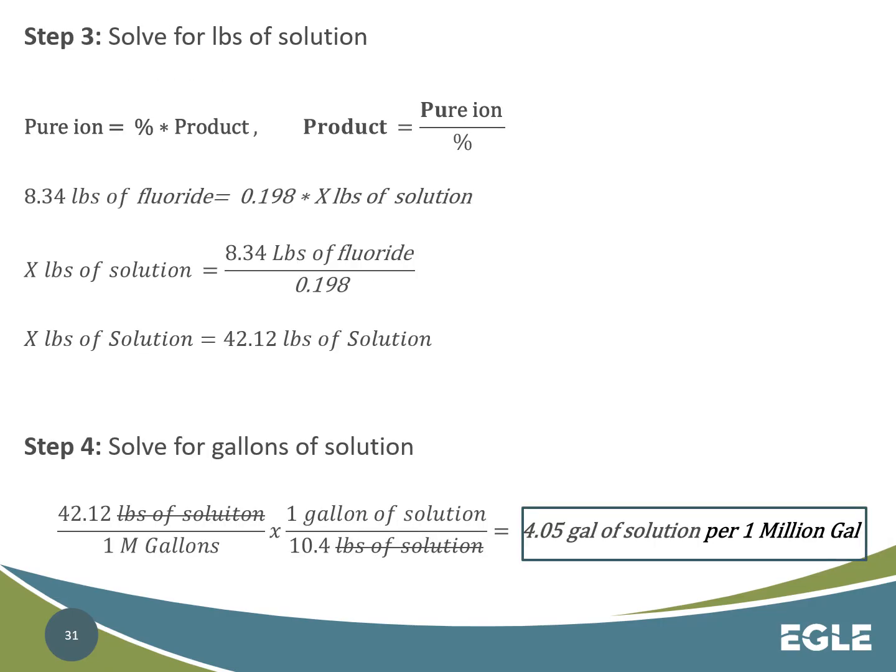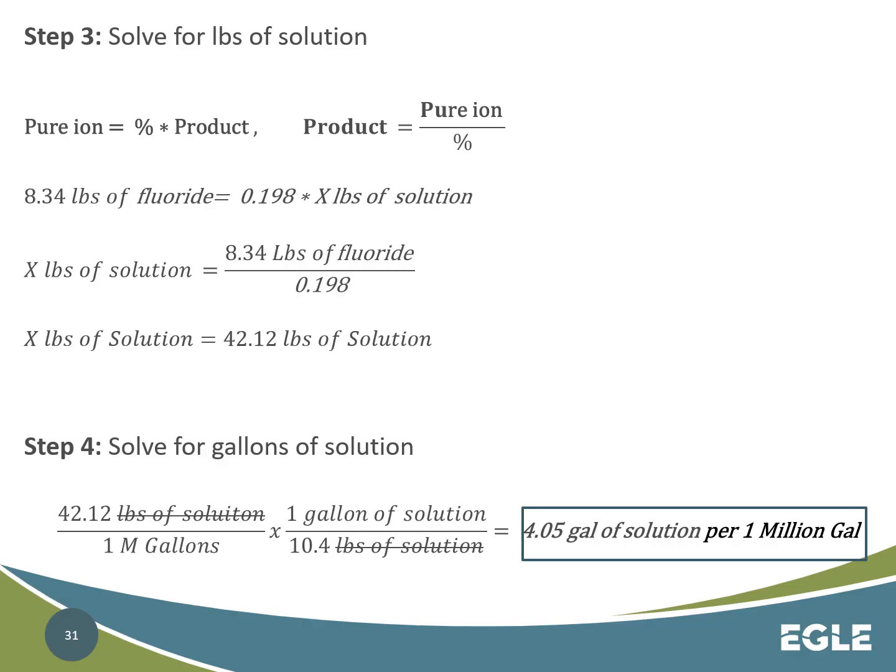The next step we want to achieve, we want to find how many pounds or how many overall gallons of solution we need to add to achieve that concentration of fluoride. So then you have to ask yourself, what do I have? What did I just calculate? In this case, I calculated the pounds of pure fluoride ion. And I know that I want to go to the product part of that, your pounds of solution.